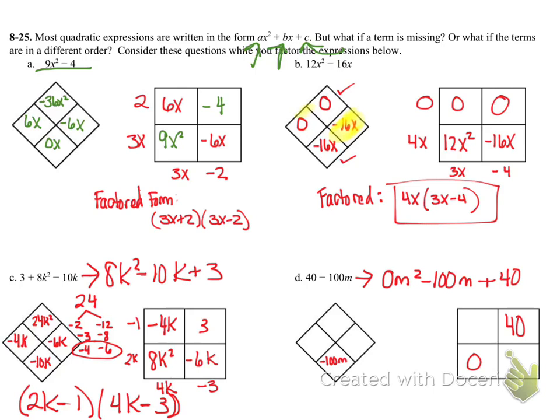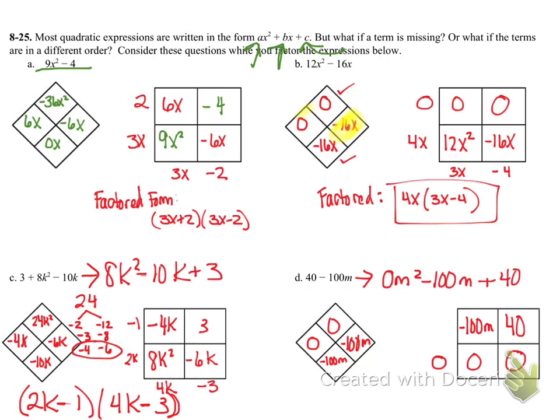If that helps, maybe that's going to be your thing. So I have to multiply to a 0. Okay. Again, negative 100m. Got it. Negative 100m and 0. So my GCF here, 0.